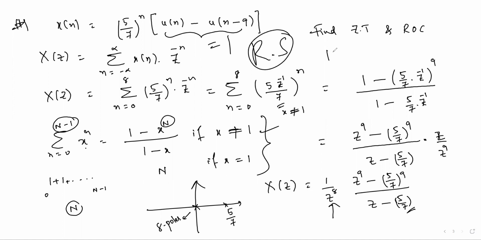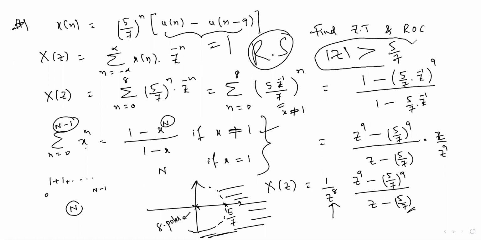For every right-sided signal, we should get mod z greater than something. Now two poles are there, so outside of the outermost pole we have to take mod z greater than 5 by 7. That is the ROC of this signal: mod z greater than 5 by 7.